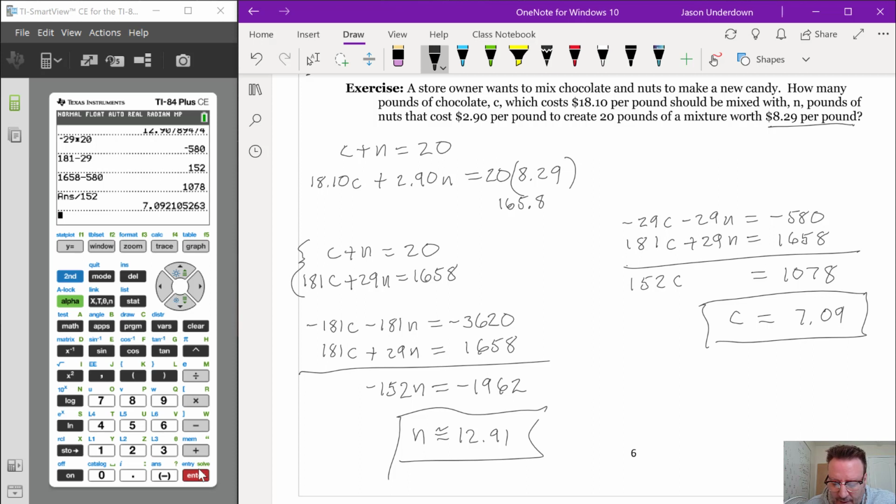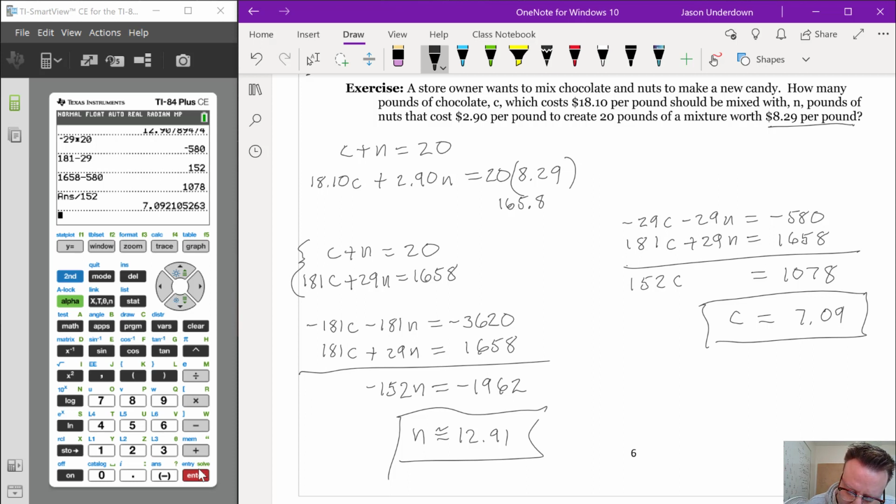There you go. Just for completeness' sake, I'll accept this kind of way of giving me your answer if you need to give me a written answer, but what would be a preferable way to report the answer? Well, remember, when solving a system, we're finding the set of all points that satisfy all the equations simultaneously.